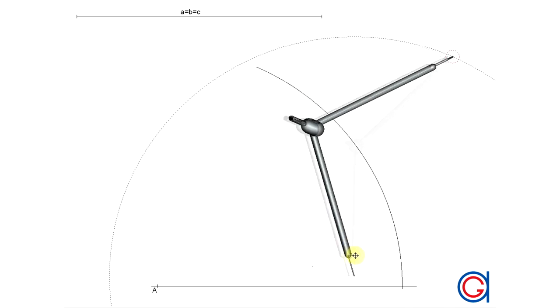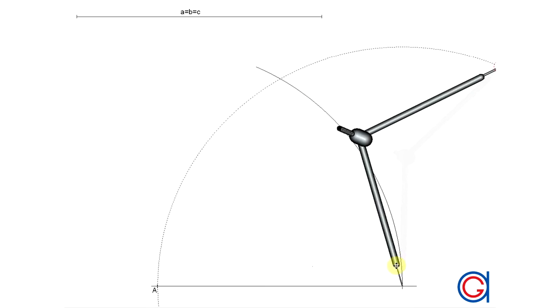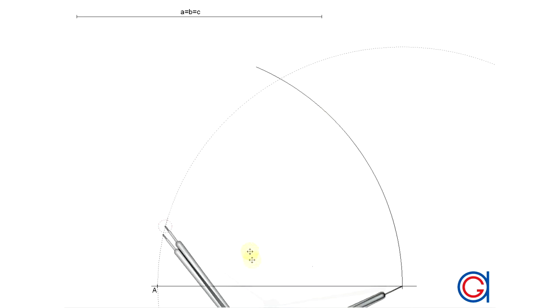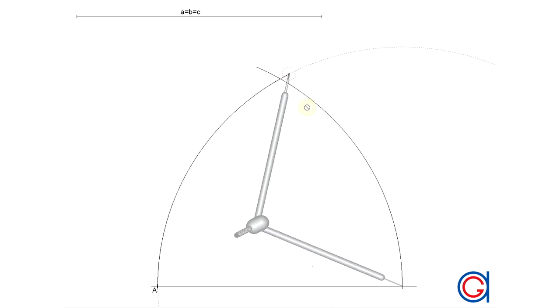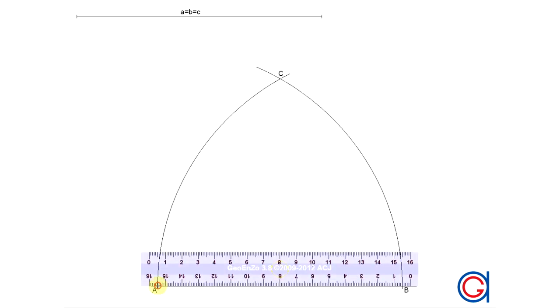Now repeating this process with our compass set to the same length and set on point B, we scribe an arc to the left until we intersect our previous arc at point C. This will be the third vertex of the equilateral triangle that we are looking to draw.